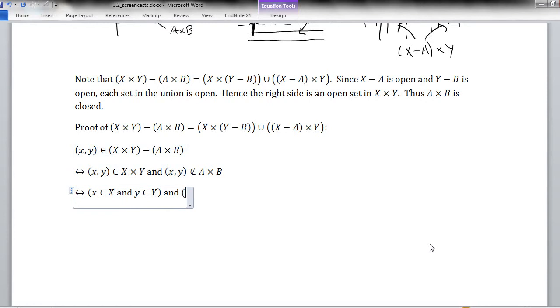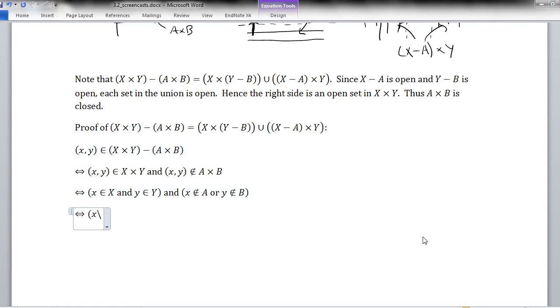Well, it means that either x is not in A, or y is not in B, or both, right? Okay. Next, we can move some things around there.